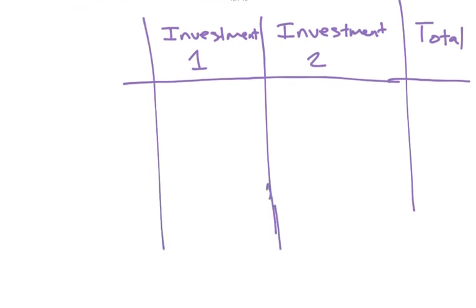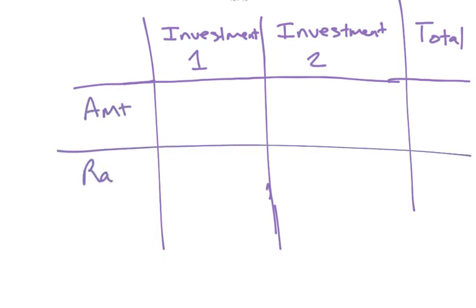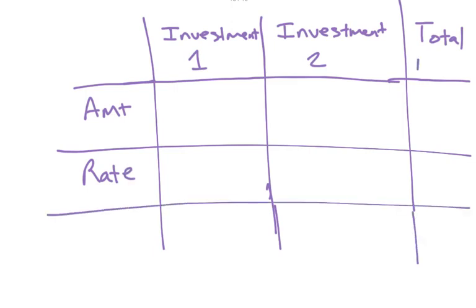Going down, we have the amount, there's some rate, and maybe I'll write total investment here. And here we're going to go total value. Okay, so what am I doing here?